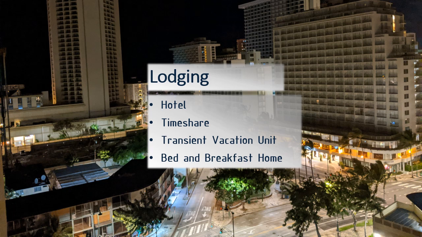Short-term rentals are only allowed in the residential districts if the owner holds a non-conforming use certificate. This ensures balance between tourism and residential quality of life. More information about short-term rentals is available on our website at honolulu.gov/DPP/STR.